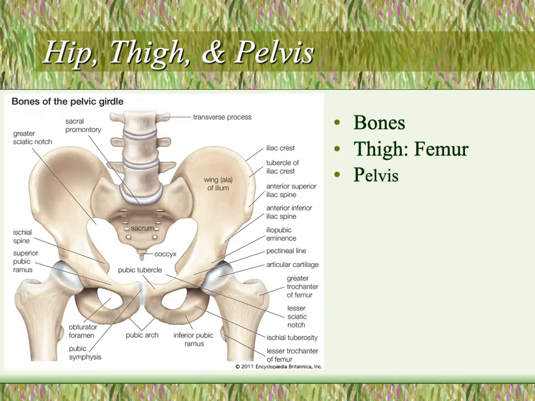Our pelvis, which I'm showing on the screen there, is made up of the ilium. You can see on the screen, it's kind of the wing-looking part of our pelvis. The ischium is the lower part of the pelvis, all the way to about where the femur head is at. The pubis is the lower portion of our pelvis.